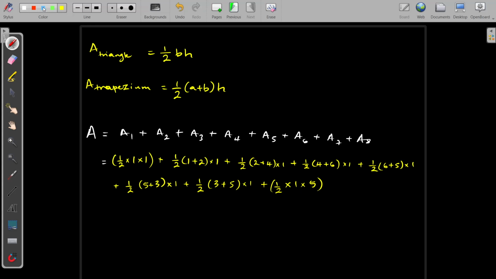Now when we simplify all of this, we get a half plus 3 over 2 and so on, and we get 52 over 2, which is equal to 26. And what did we say the area is proportional to?